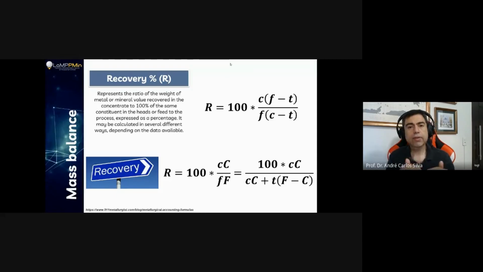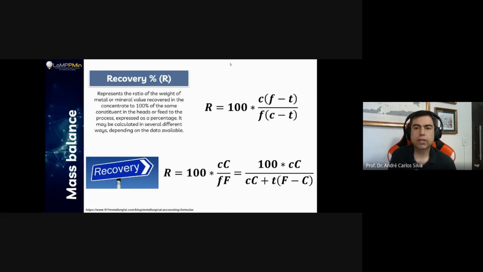So if I have this number close to 100%, then I have a very good operation. But recovery is all connected with grades. Here we're not going to be talking only about mass. I can calculate this same number using masses, but I can also calculate it using grades.